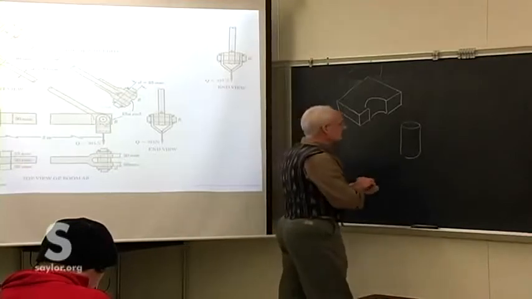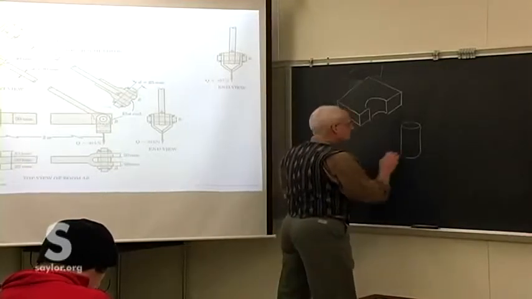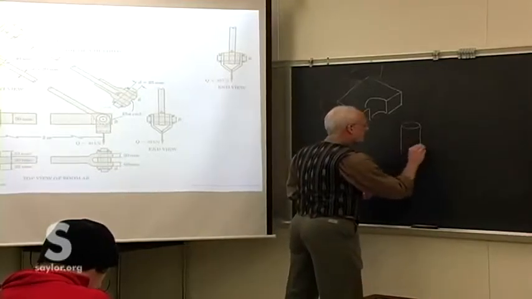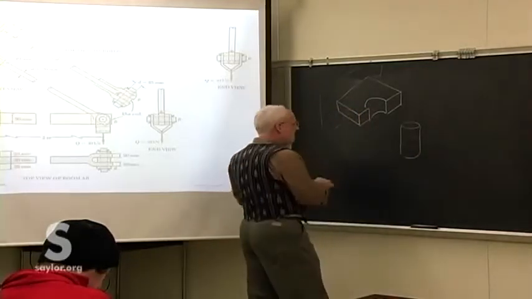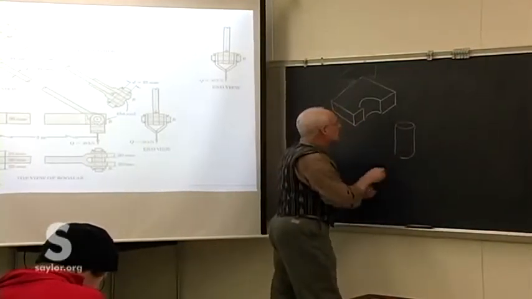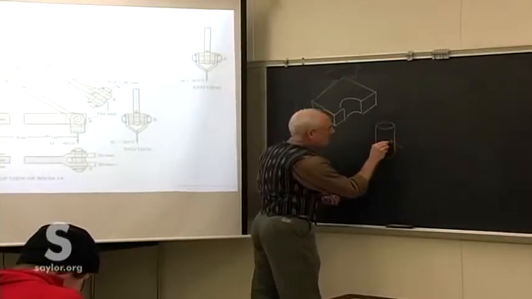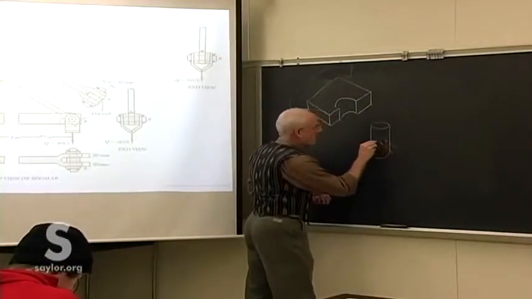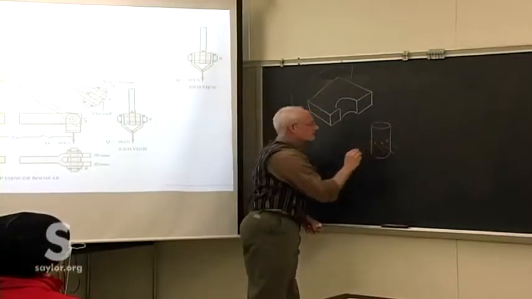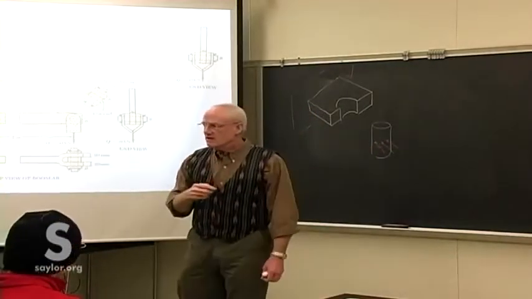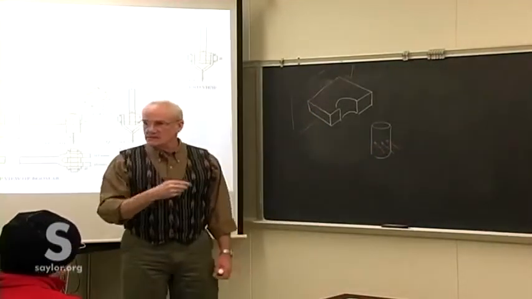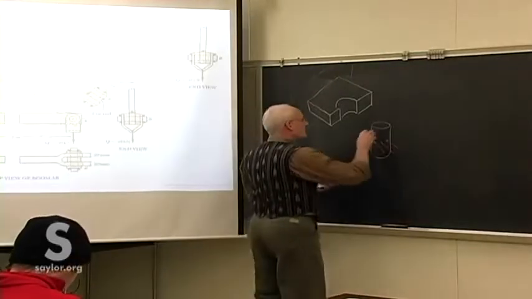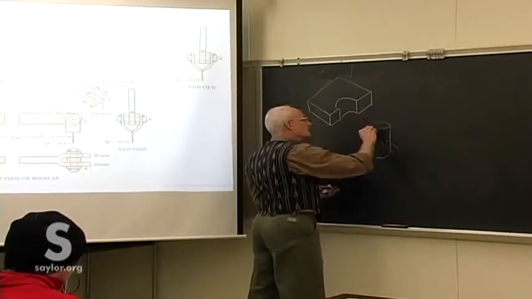So it's going to be something like the member AB is pressing on the pin there. So we have a bearing stress from member AB on the middle of the pin, and then the bracket is pushing back.